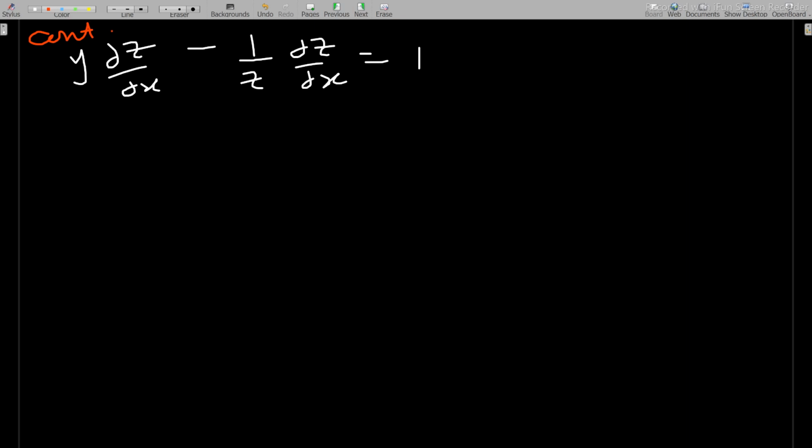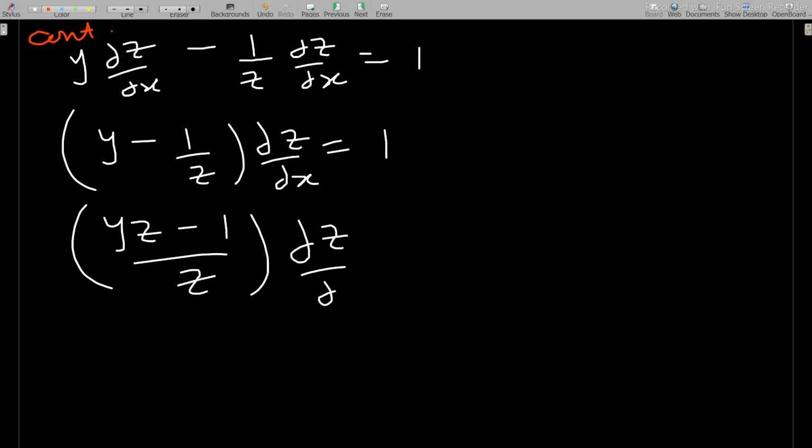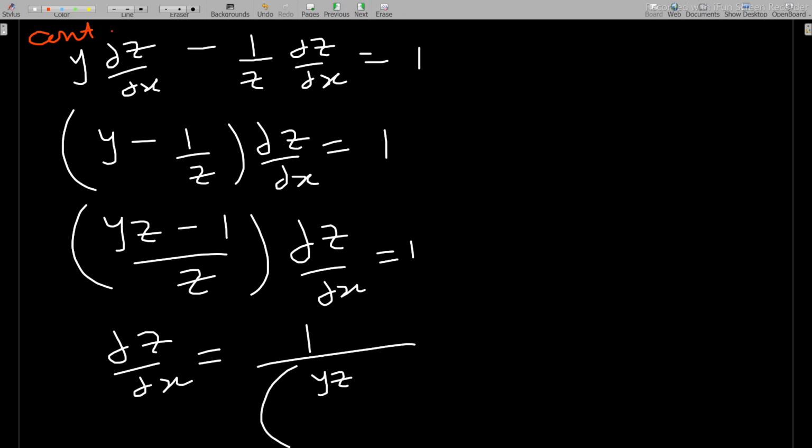Simply, I factor del z del x out from both terms, then equal to 1. If I simplify the fraction here, I'll get yz minus 1 over z, times del z del x, should be equal to 1. So del z del x should be equal to 1 over the whole of this expression, yz minus 1 over z.